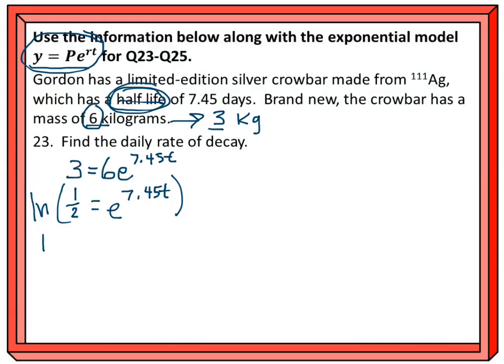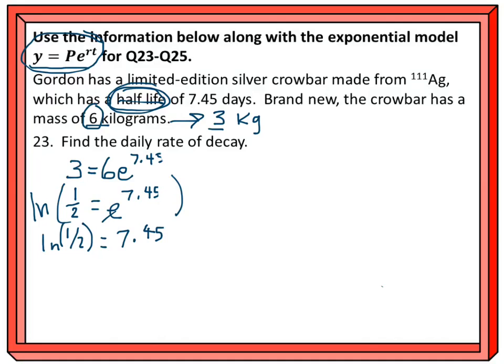So on the left-hand side, I have the natural log of a half is equal to, and then the e will just cancel because natural log and e are inverses of each other, and I'm just left with the exponent 7.45t. And then finally, to get our t, the amount of time, not t, this is not t, what am I doing? It's r. Let me go back and switch all these t's.